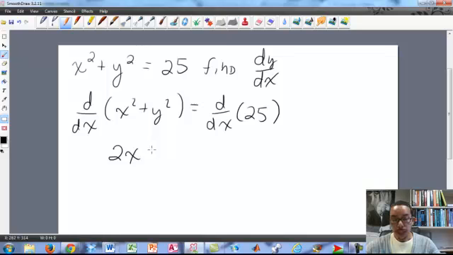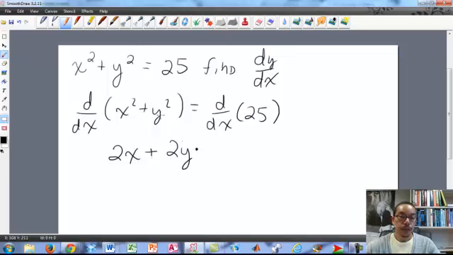The chain rule tells us to take the derivative of the outer, which is the something squared, giving 2. The inner remains the same, which is y, and you subtract 1 from the exponent, so it becomes y to the first. Then the chain rule says take the derivative of the inner.